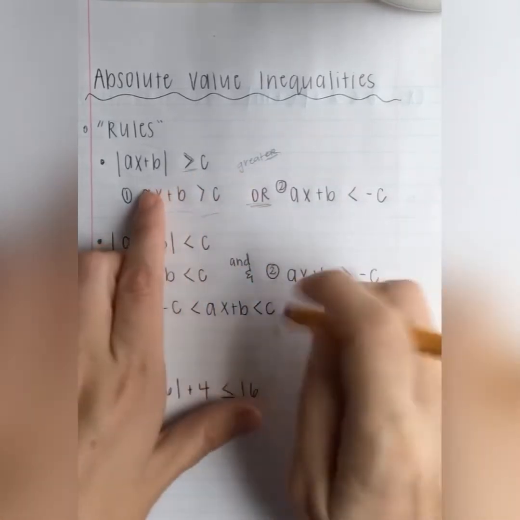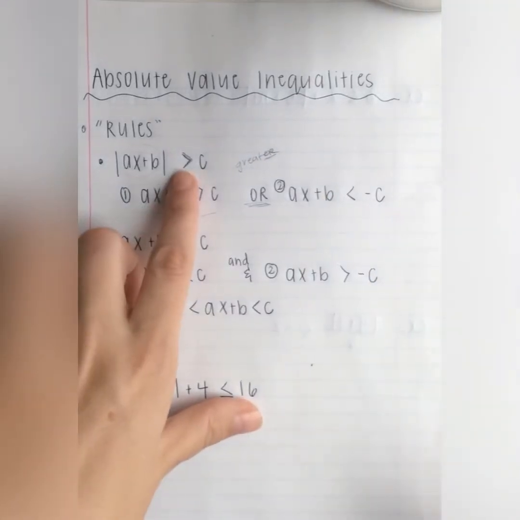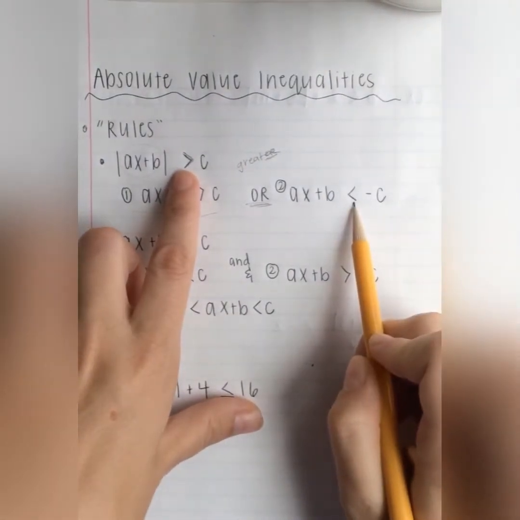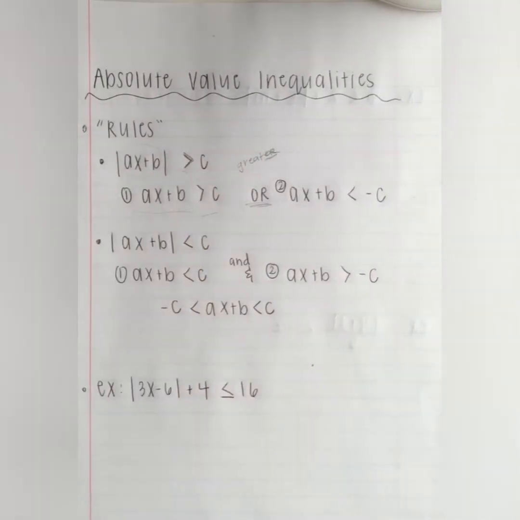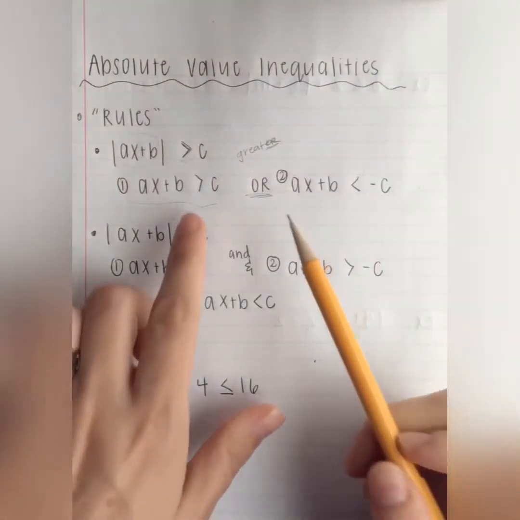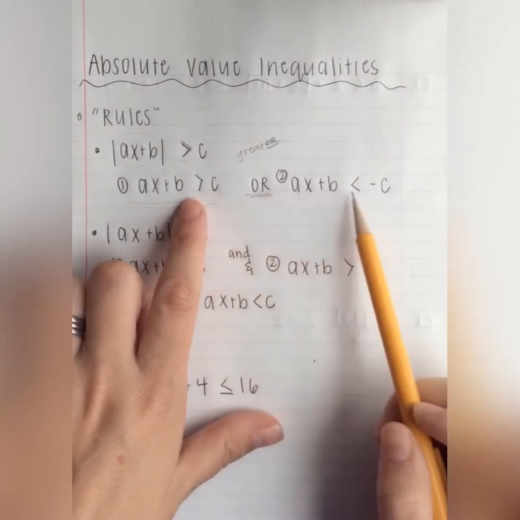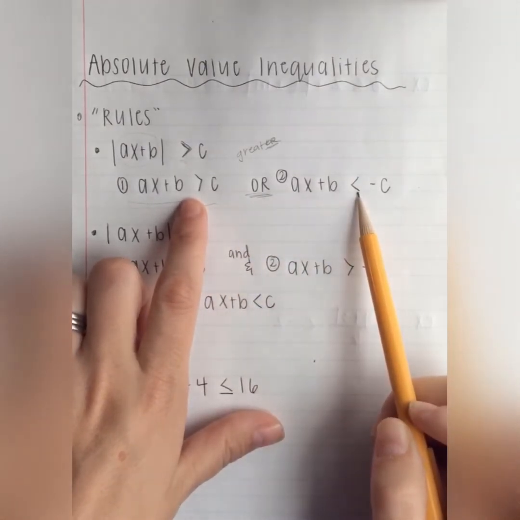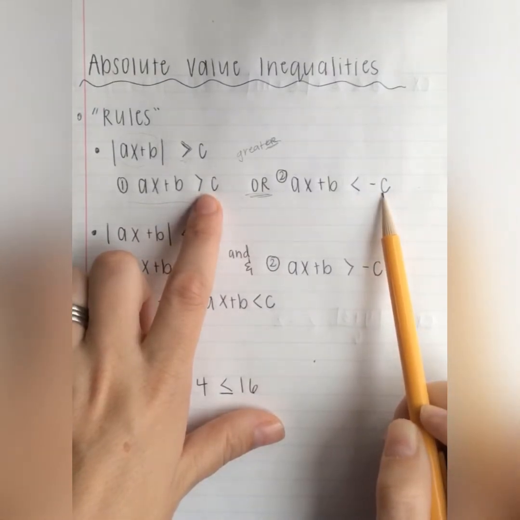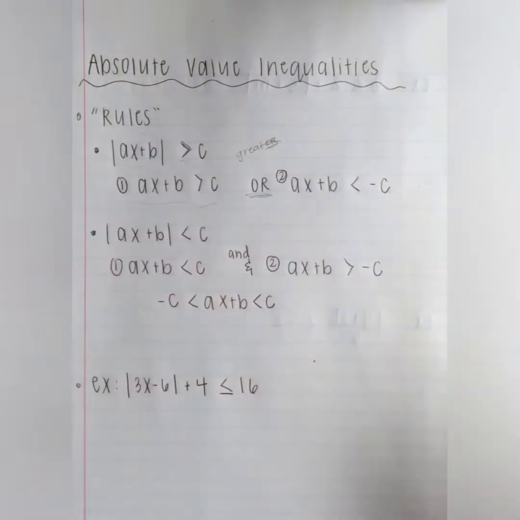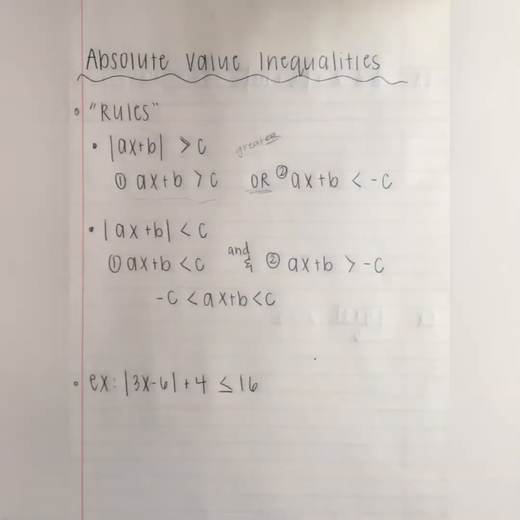It went from greater to less than. And then our C also changed from a positive to a negative. So I guess that's our rule here. Your inequality is going to flip, and then the side that was not inside your absolute value bars is going to change sign.